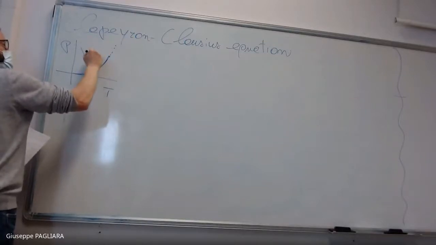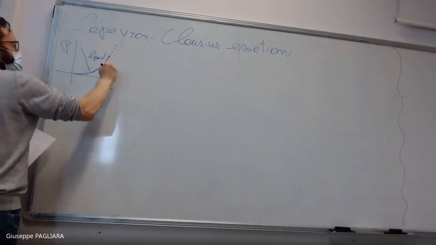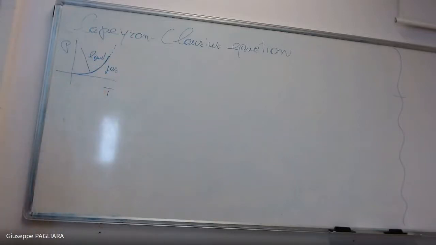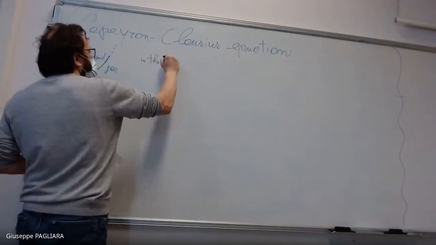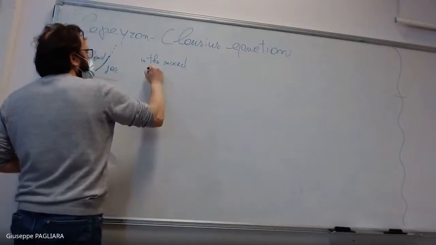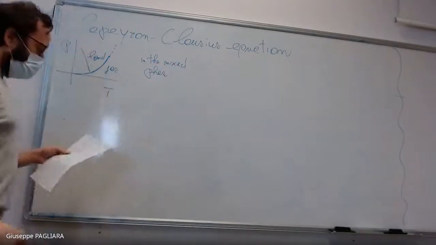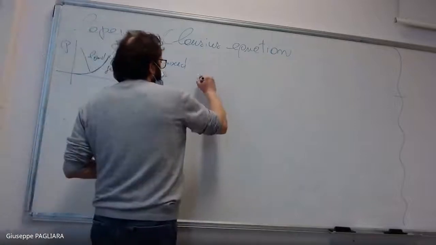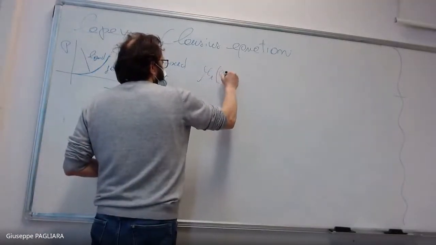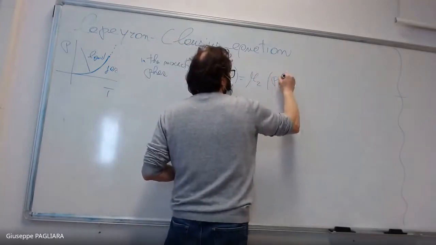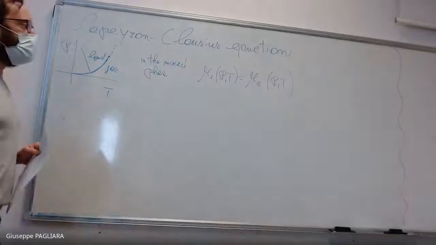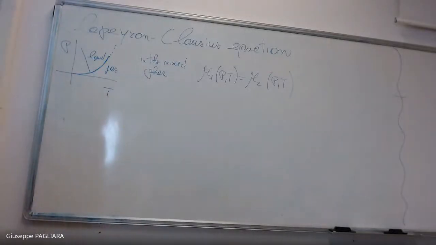This liquid, this gas. Now we said that in the mixed phase, the chemical potentials of the two phases are equal, so mu1, which is in general a function of P and T, is equal to mu2, which is again a function of P and T, and P and T are equal in the mixed phase. The two phases are in thermal and mechanical equilibrium.